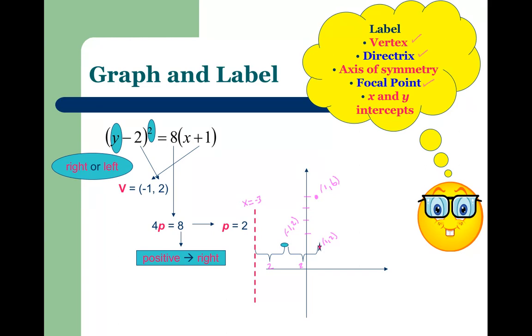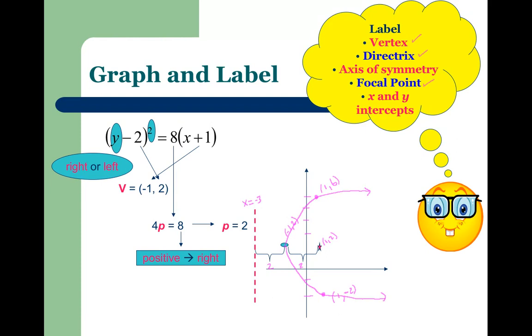This is going to be 2, 3, 4. This point right here is going to be 1, negative 2. This point is 4 away from the focus, 4 away from the directrix, from negative 3 to 1. So I can now graph it as best I possibly can. And then we'll talk about the x and y intercepts.